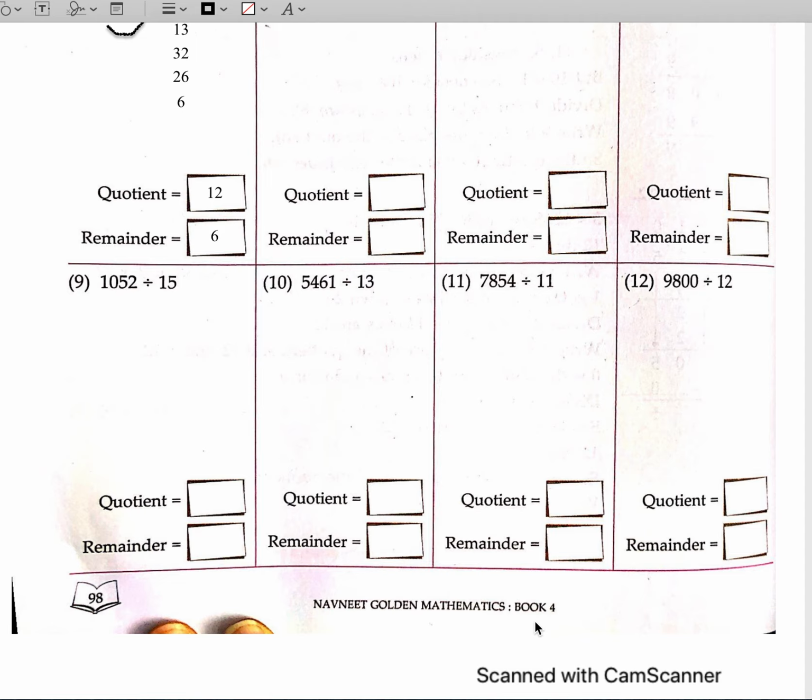Next we will do 5461 divided by 13. Now first we will write 5461, then the divisor, which is 13.